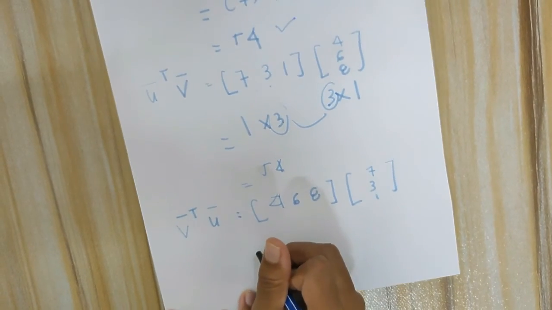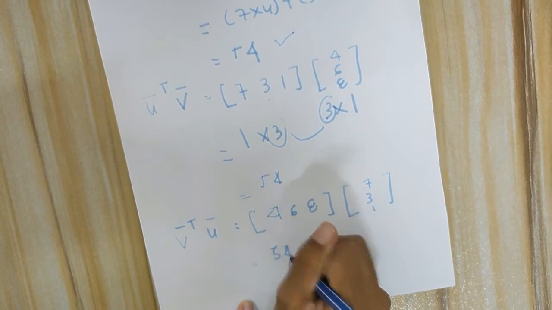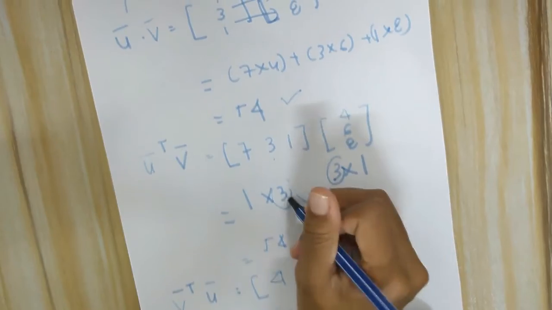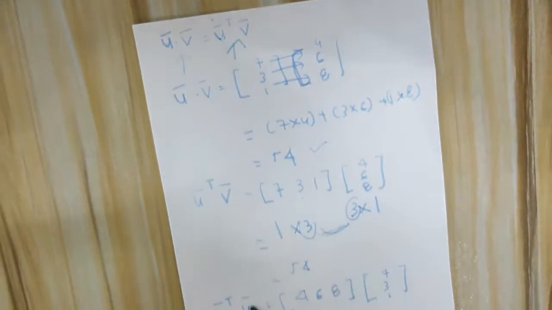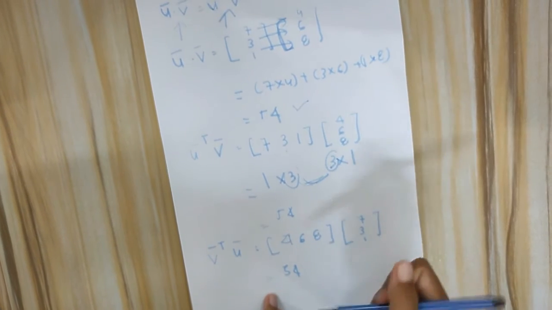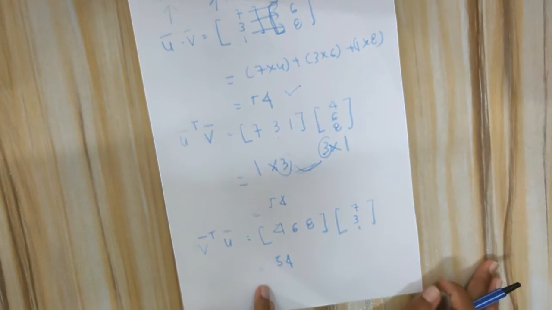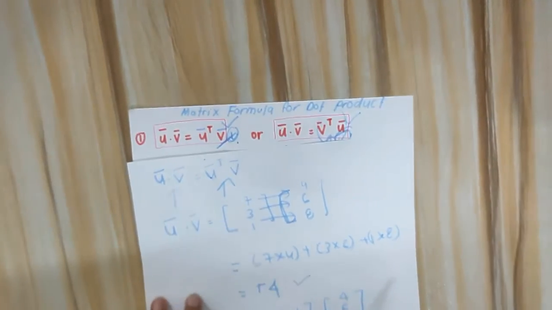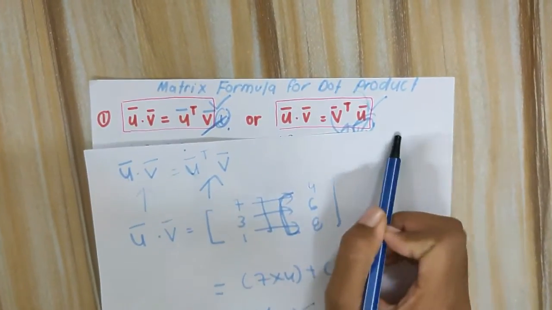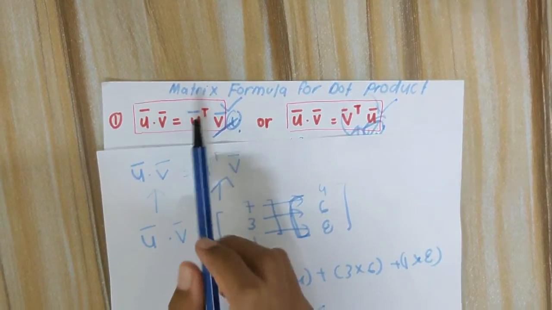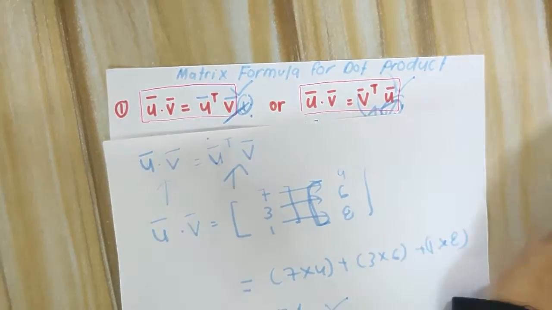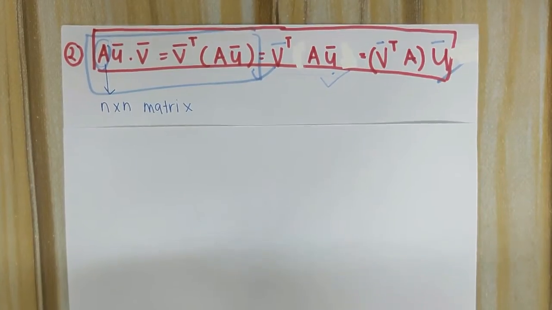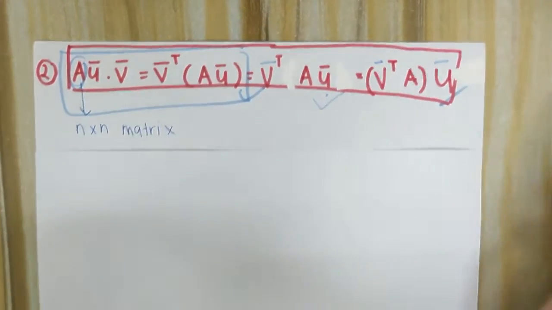So the final answer is 54. As usual, you need to check this condition. So you can see this and this, the answer is the same. So for this formula, we can see that we can choose either formula to use based on the question, condition, and situation that has been given. So we proceed with the second formula.